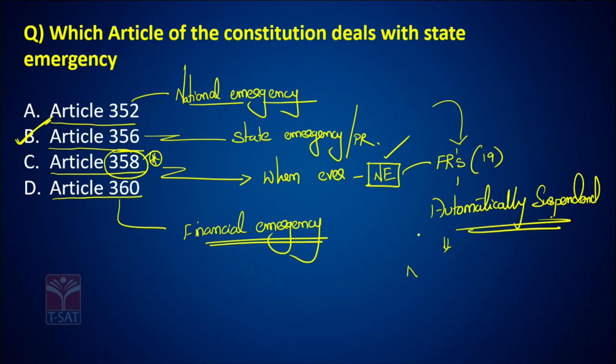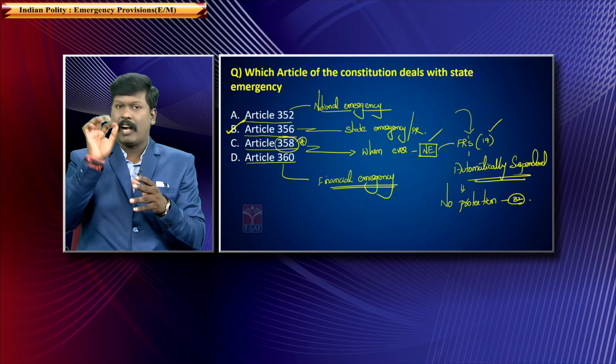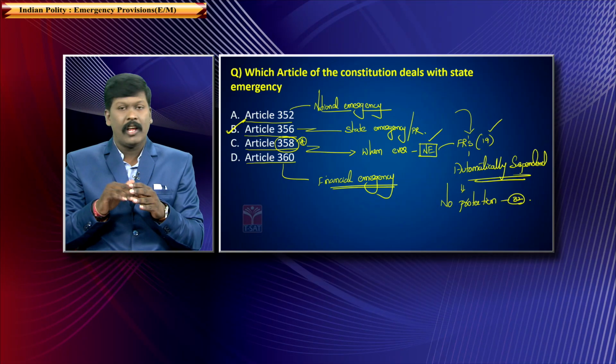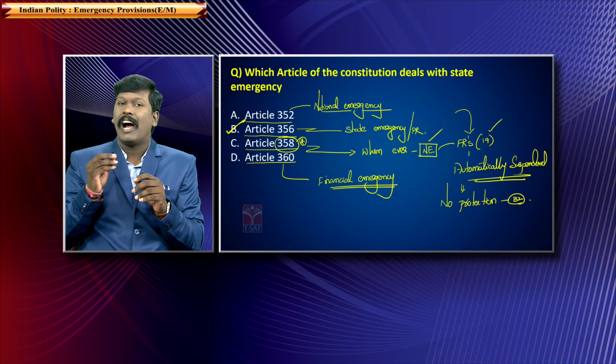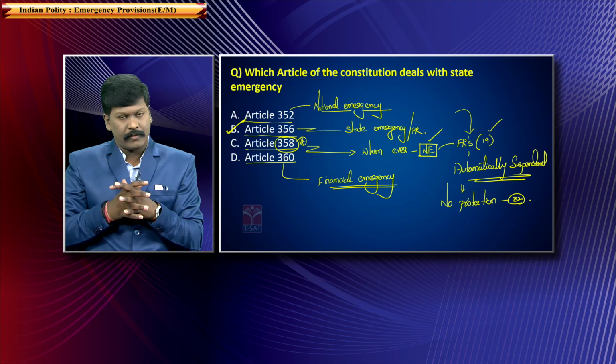There is no protection to Article 19 under Article 32. If any citizen loses this Article 19 right, you cannot go to the Supreme Court under Article 32, or to the High Court under Article 226.